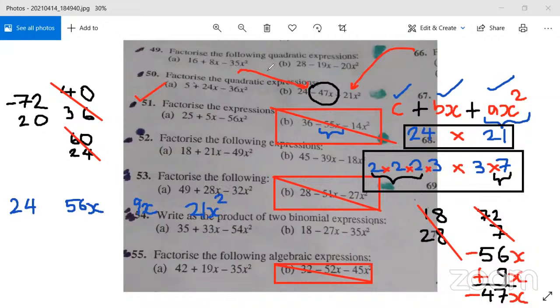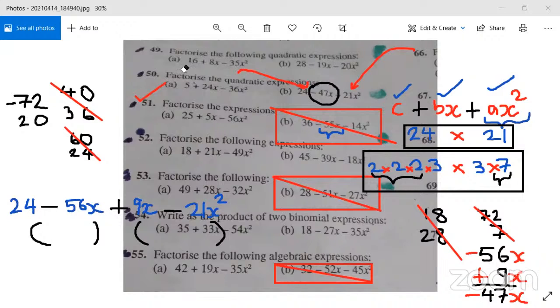All right, so let me use my signs here. So minus 56x plus 9x minus 21x squared. All right, so bracket here, bracket here, bracket here, bracket here.